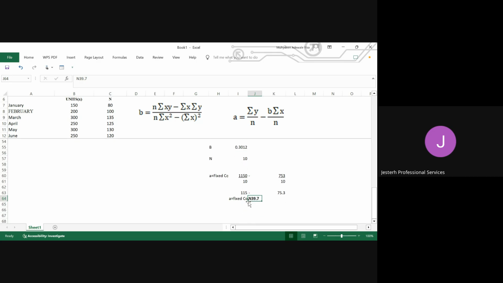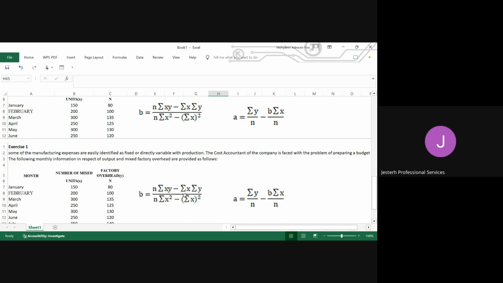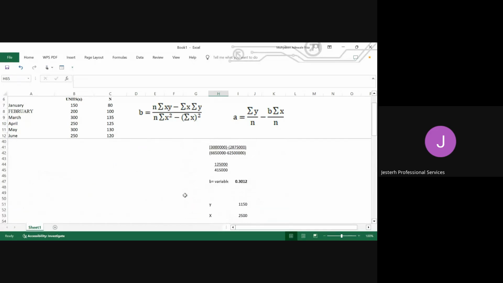So this is what our fixed cost is all about. And then if you remember the steps that I showed earlier, after we have prepared our table, we're able to sort the formulas. We prepare the B, which is our variable cost. We determine the variable cost. Then our A, which is the fixed cost.